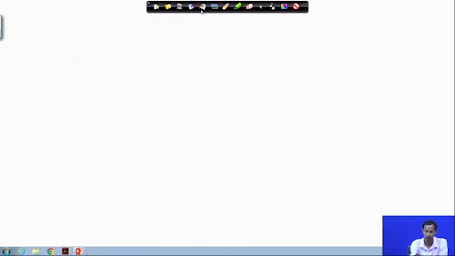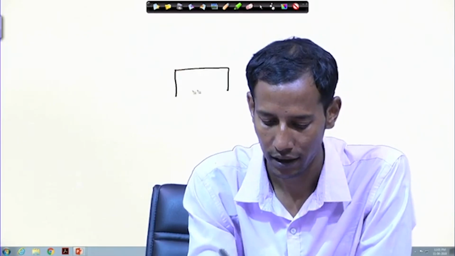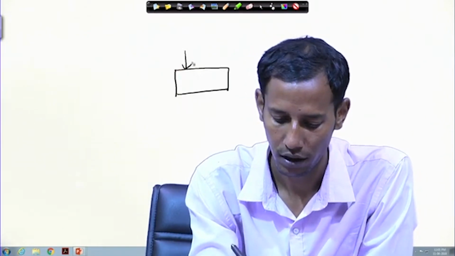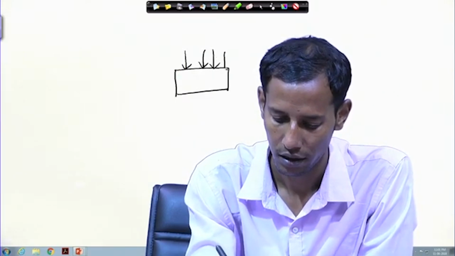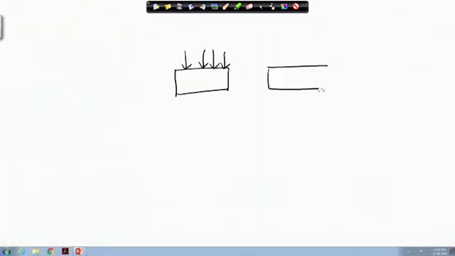Now next, we have already drawn and defined this. This was the M register and this was the N register, right.